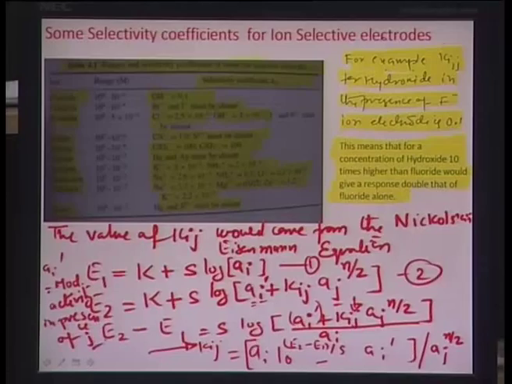ion J. Okay. Since now we have more or less covered how to calculate the activity of a particular ion of interest in a solution, and also we have seen a methodology for calculating the selectivity coefficient, now let us do a practical example wherein we have two participating solutions, and we have data of the EMF from the pure solution as well as the mixed phase, where both the ions are participating, and we try to calculate what the Kij or the selectivity coefficient would be.